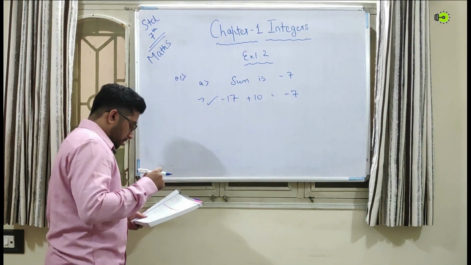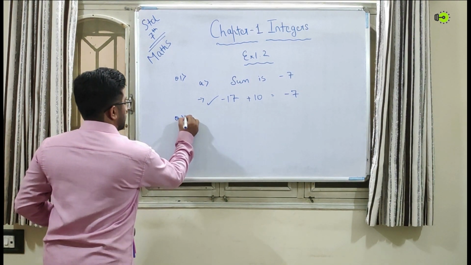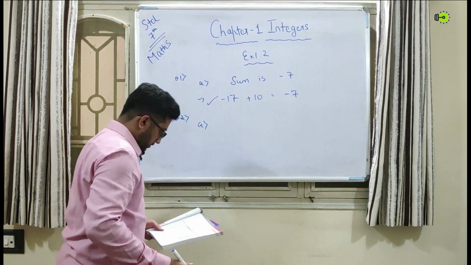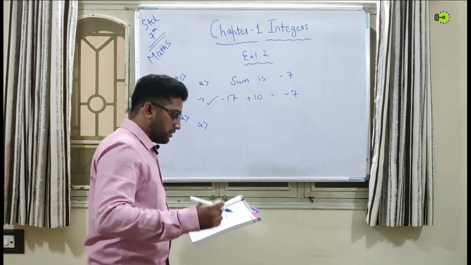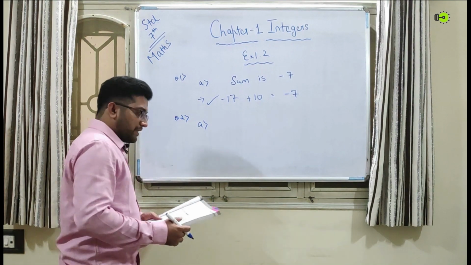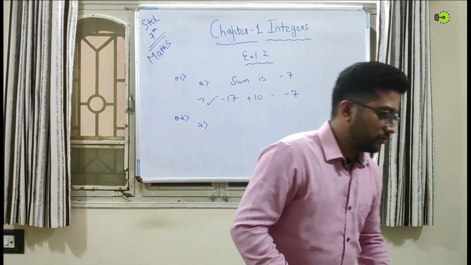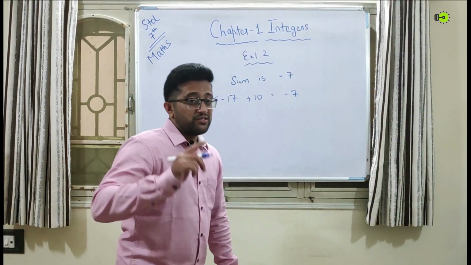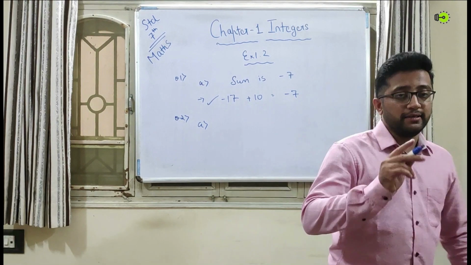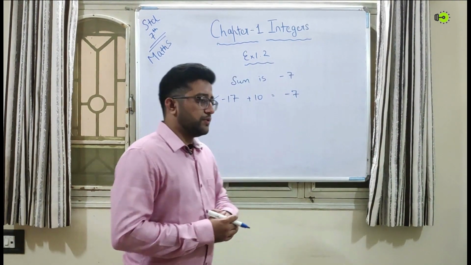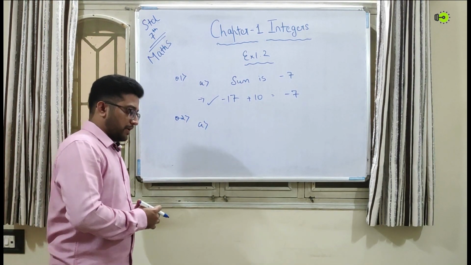So write down question number 2. Point A, write a pair of negative integers whose difference gives 8. So to write down a pair of negative integers whose difference gives us 8, the pair must be negative and their difference must give us 8. So think of numbers which can give us the difference as 8. Yes? Anybody?